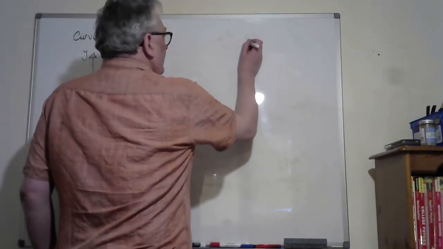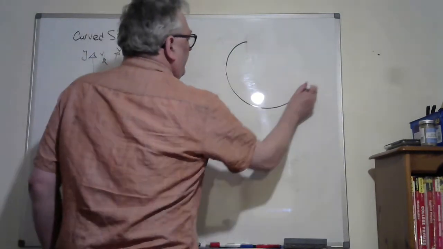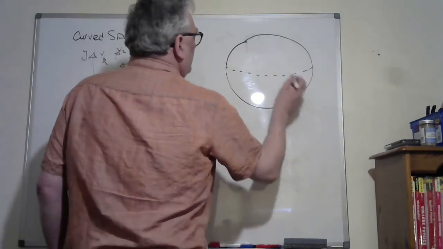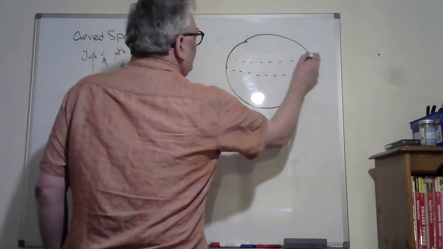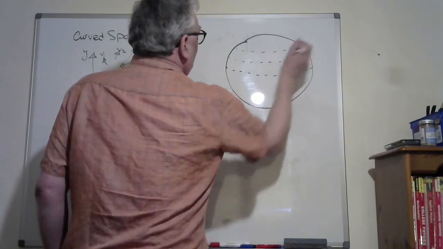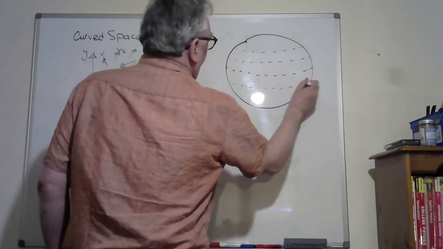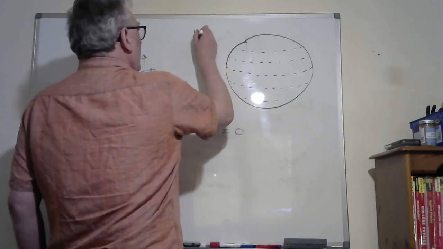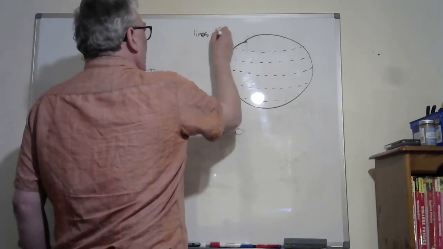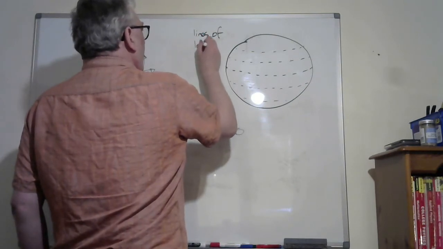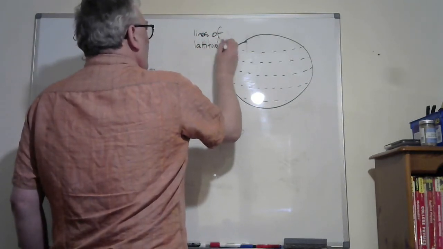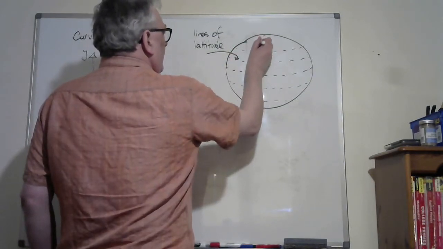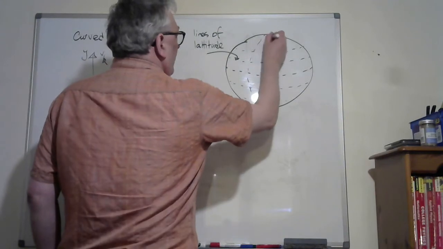So if you think about Earth, and that's the equator, and these are the lines of latitude. The equator is the greatest line of latitude, I suppose. So these are lines of latitude, and these would be lines of longitude.